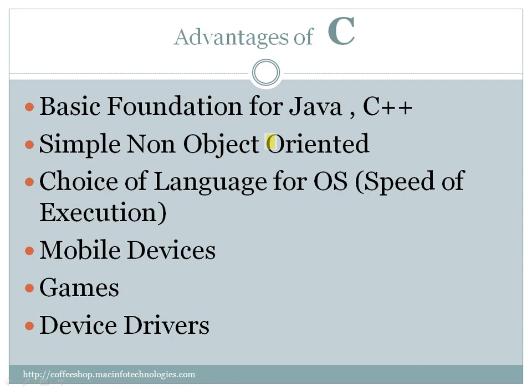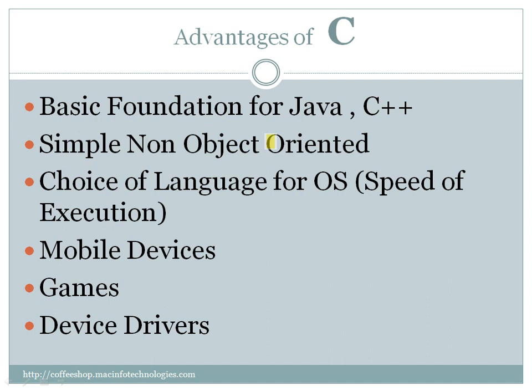Then mobile devices. These days mobile devices use a lot of languages like Objective-C, Java. We use the Android operating system in mobile devices, and there are many mobile devices and many embedded devices, for example, a microwave oven, a watch, an automatic washing machine.